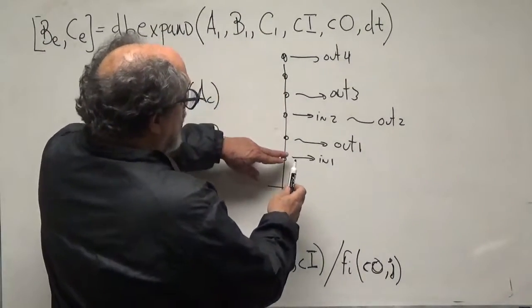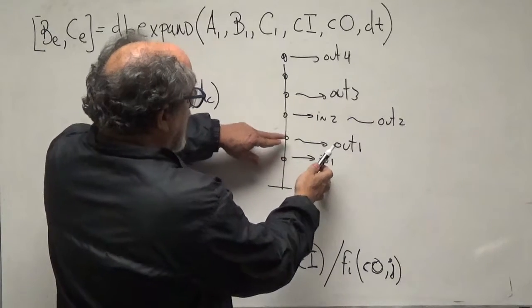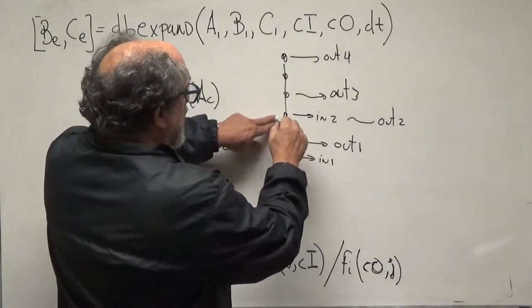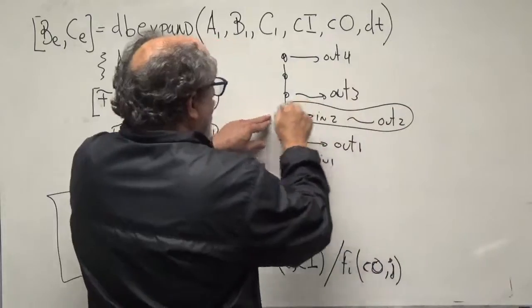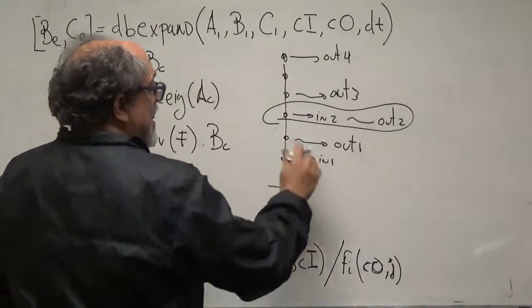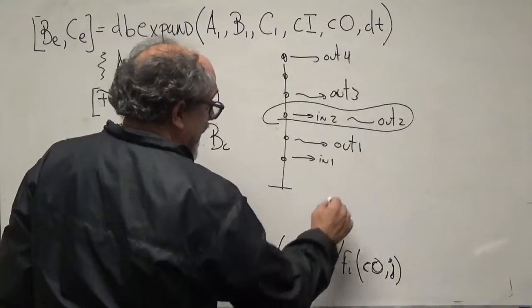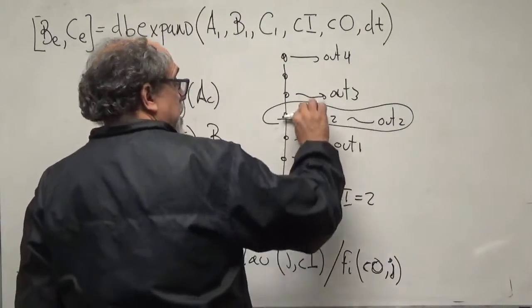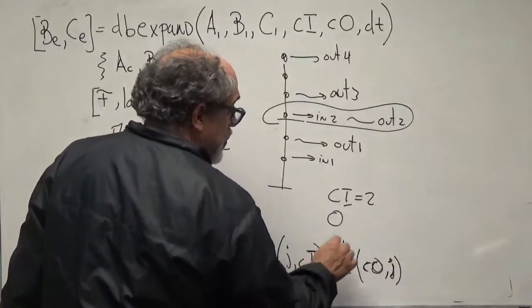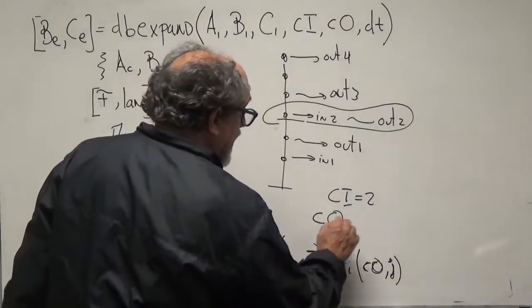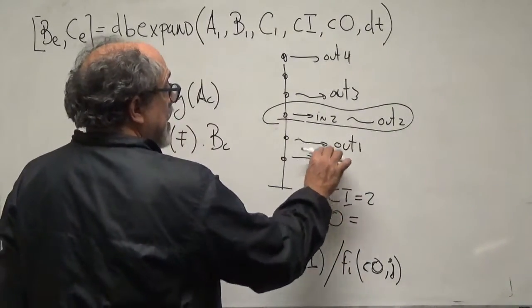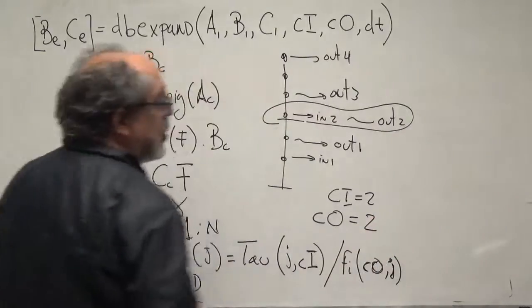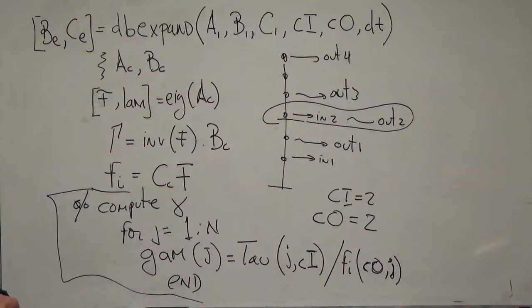Well, input 1 is not collocated, input 2 is collocated, right? So I can say here that the collocated input is the second one, because I'm putting it in this order, and the output in which it is collocated is also the second one. So it would look like that in the code, right?